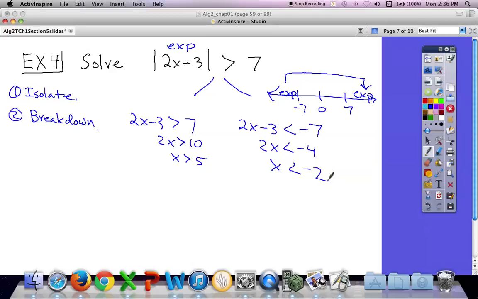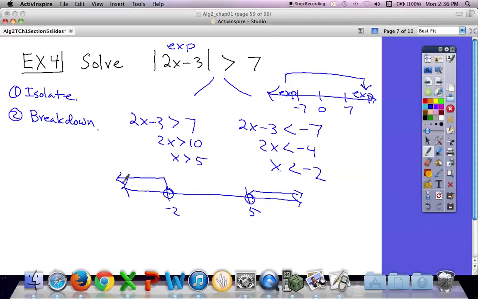If I just graph those two different inequalities on the number line, then I have a -2 here, I have a 5 here. X greater than 5 means open circle, shade to the right. X less than -2 is open circle, shade to the left.